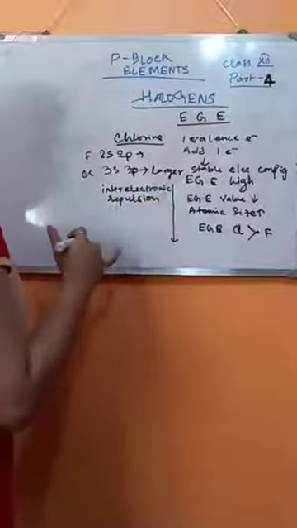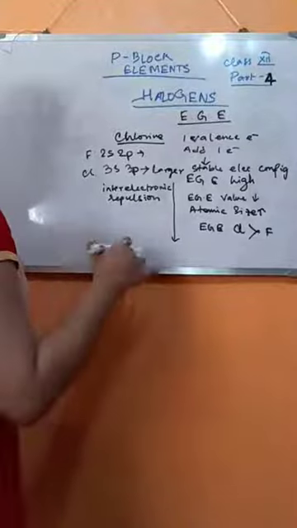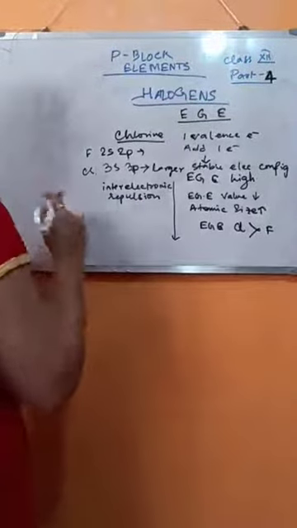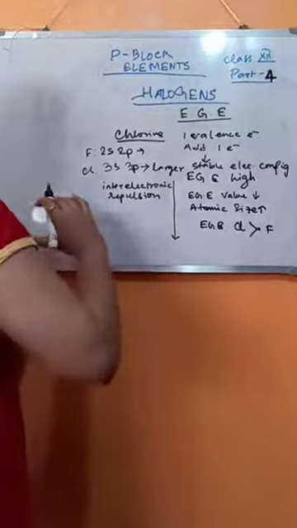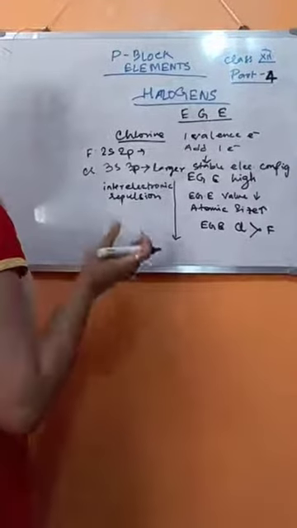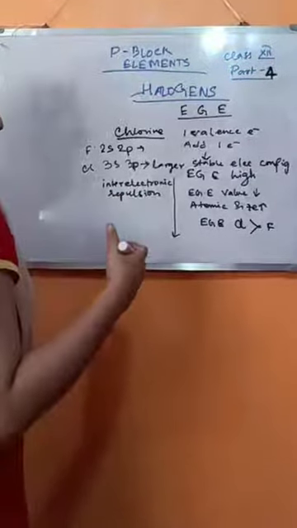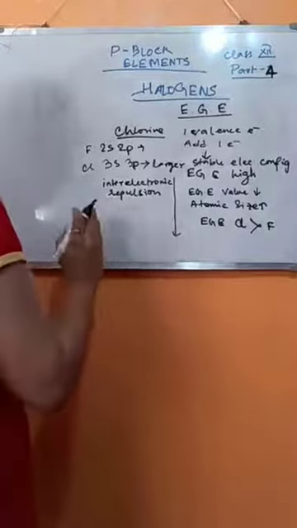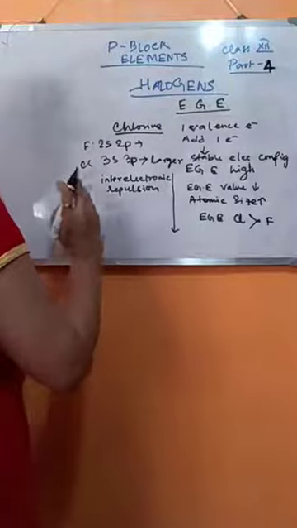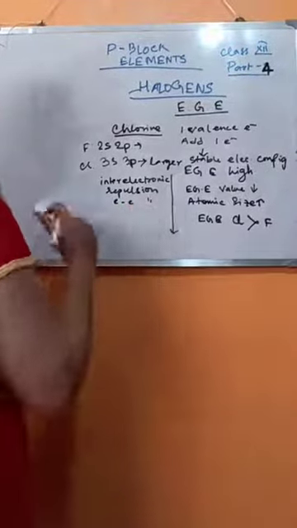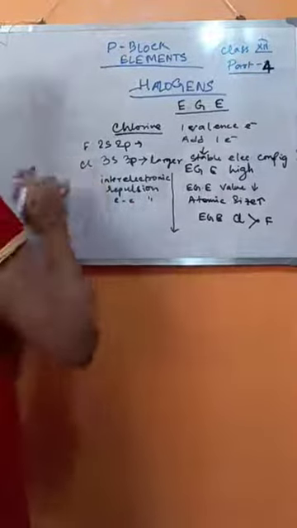So addition of an electron will be a bit difficult in case of fluorine. But in case of chlorine, where the size of the shell is larger and there is a lot of space to accommodate an electron, there will be less inter-electronic repulsion, or you can say electron-electron repulsion.